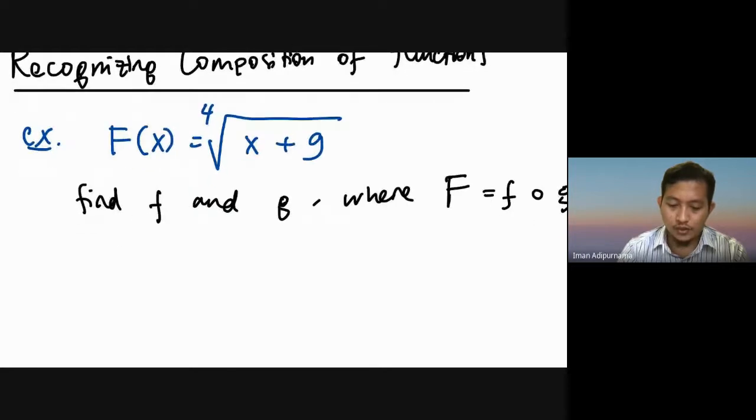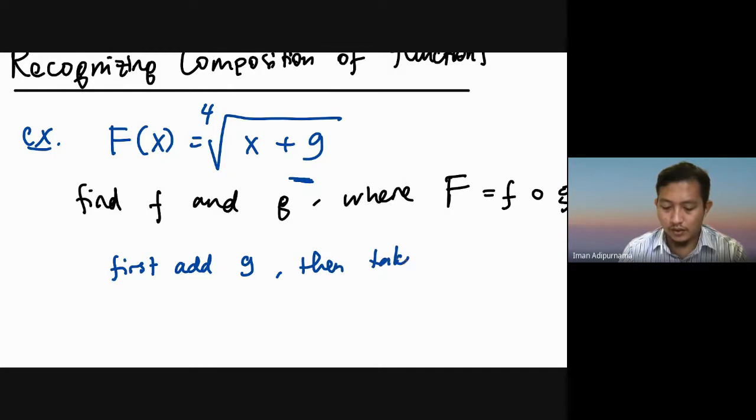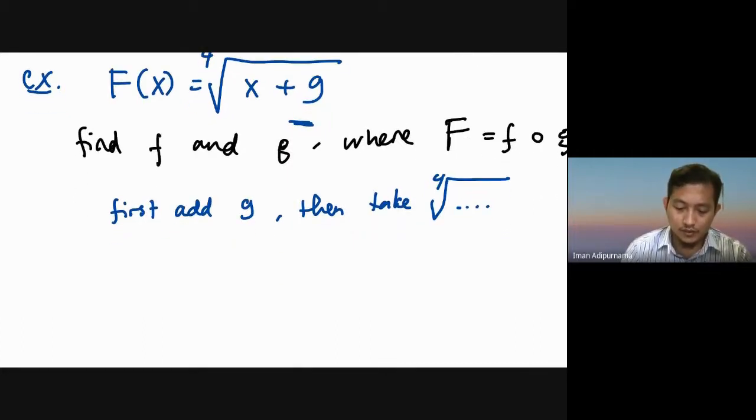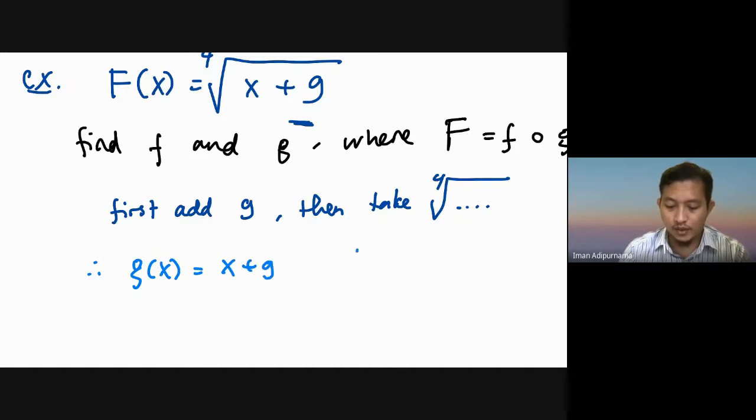If we look at the formula, we need to have plus 9 inside the root. So we need to first add 9, then take the root. So we have the inside function g of x will be x plus 9, and f of x will be the square root of.